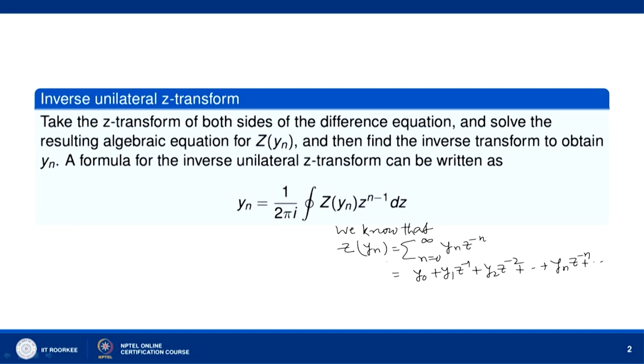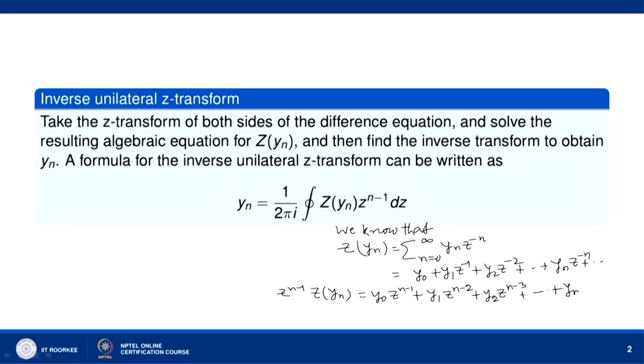Now, when you multiply this equation by Z to the power n minus 1, what do you get? Z to the power n minus 1 into Z of y n equal to y naught Z to the power n minus 1 plus y 1 Z to the power n minus 2 plus y 2 Z to the power n minus 3 and so on.